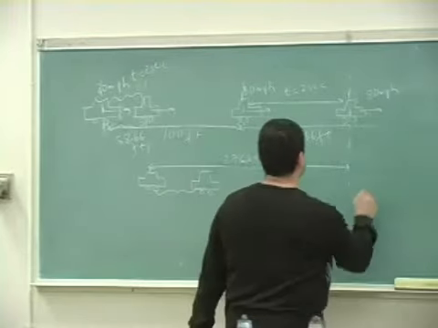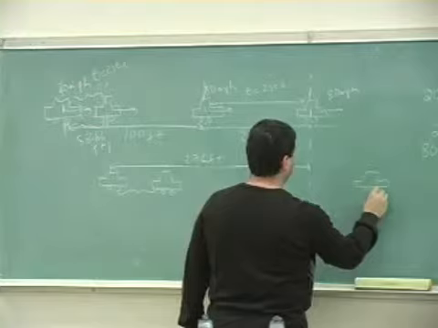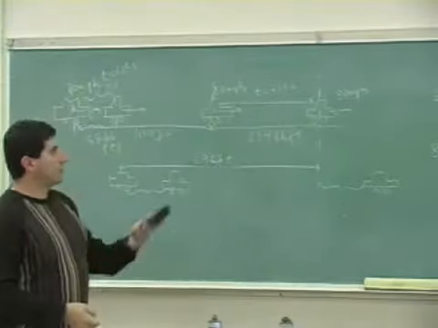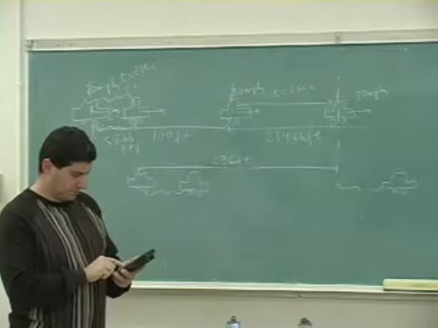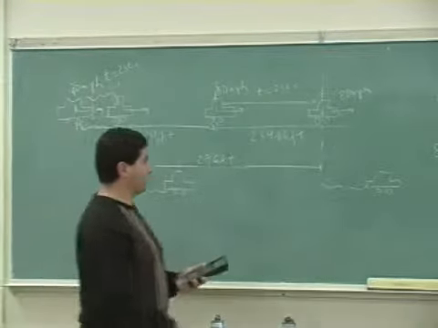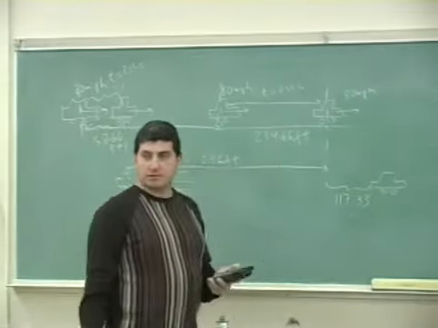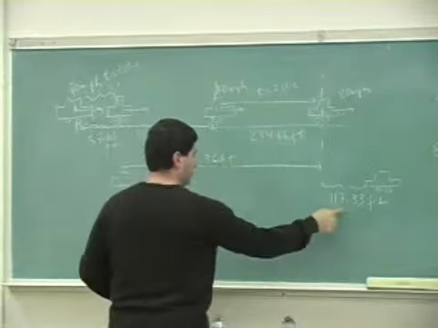So for the next 1 second, this guy's still going to go. How far are they going to go? We could go 117.33 times 1. Well, that's 117.33 feet.